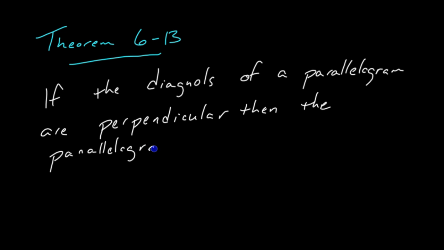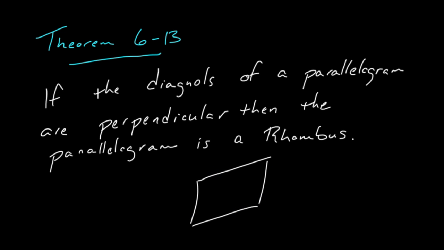So if the diagonals are perpendicular to each other, then it's a rhombus. Quick sketch of that.